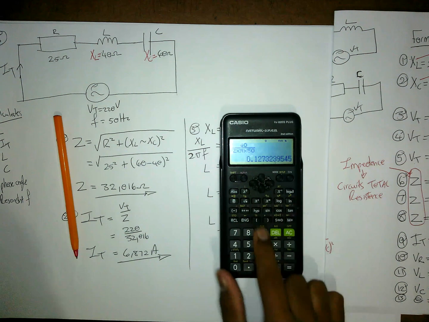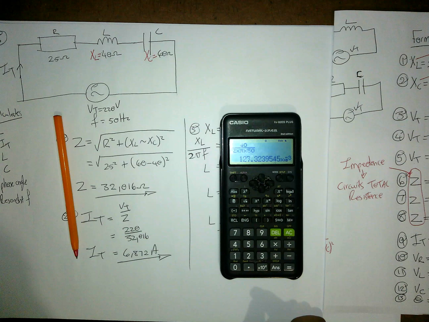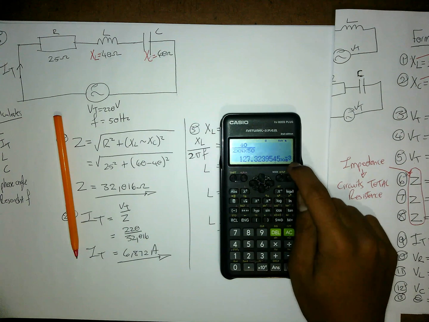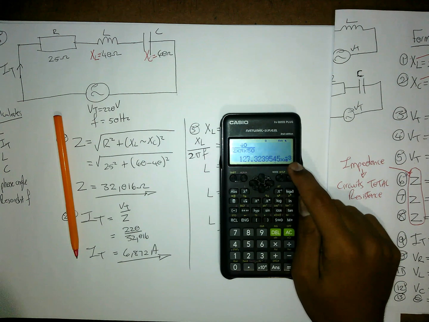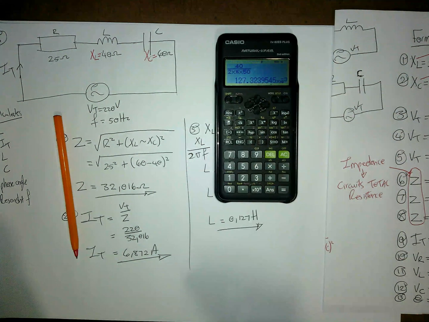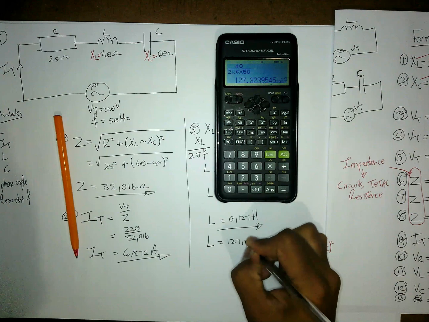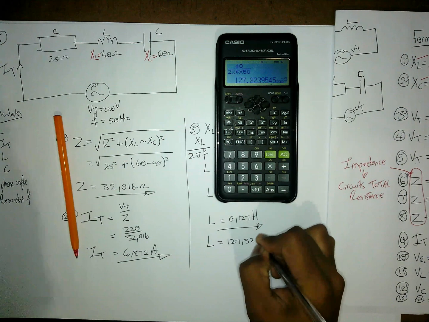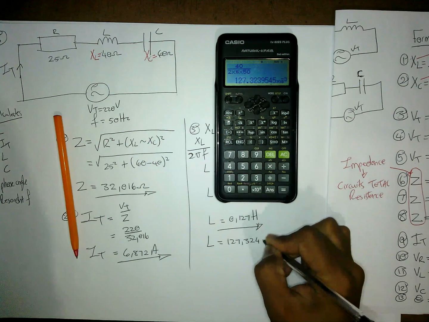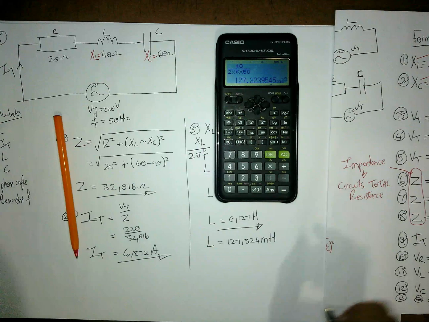You move it to the front, and when you see 10 to the power negative 3, that is our milli. So L equals 127.324 millihenry.